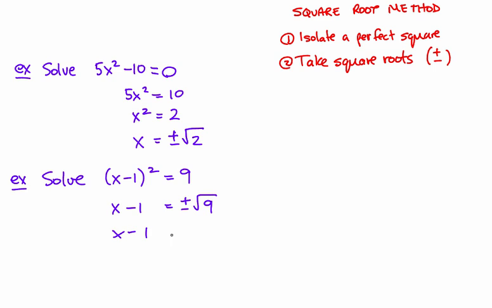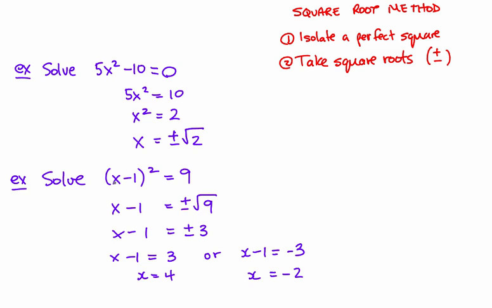And that simplifies. This becomes plus and minus 3, and this is really two equations. One of them is x minus 1 is 3, or x minus 1 could be negative 3. So if I add 1, I get x is 4, and in this case if I add 1, I get x is negative 2.